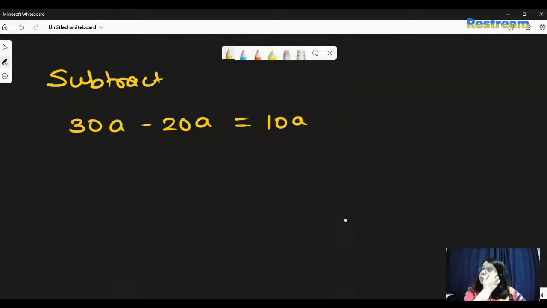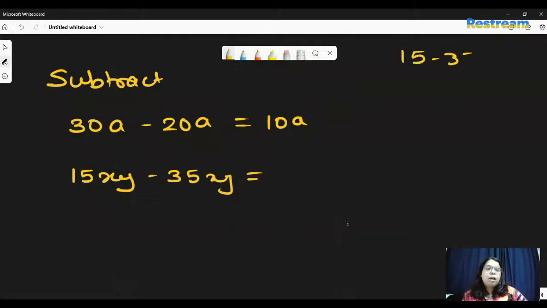Now here the rules of integers are also going to come into play. Like let's say I have 15xy minus 35xy. So what will I get? 15 minus 35 is equal to minus 20.